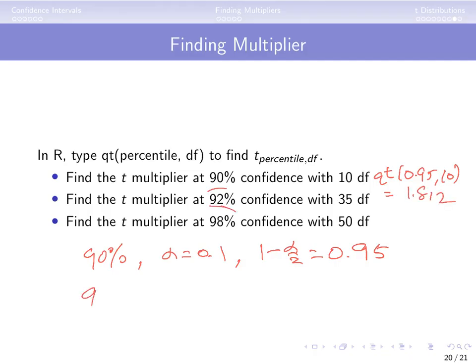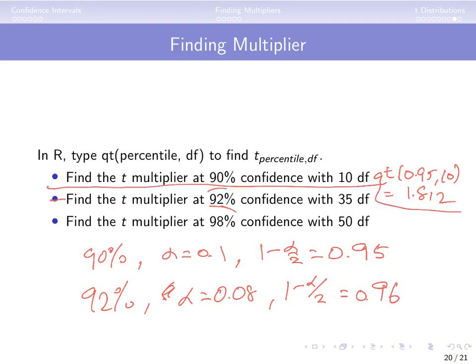With a 92% confidence level, your alpha is 0.08, so your 1 minus alpha over 2, if you work it out, will give you a value of 0.96. So to find this second one, you will type in qt(0.96, 35), and I actually didn't calculate that value.